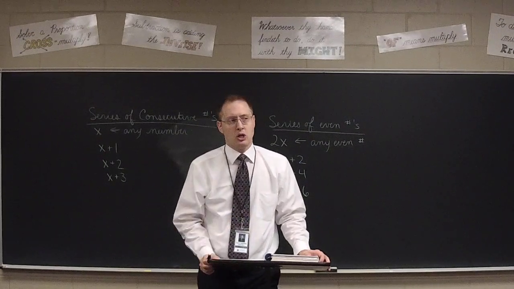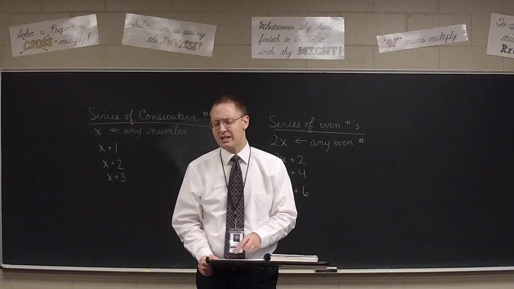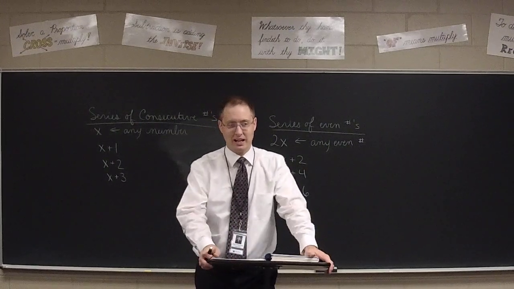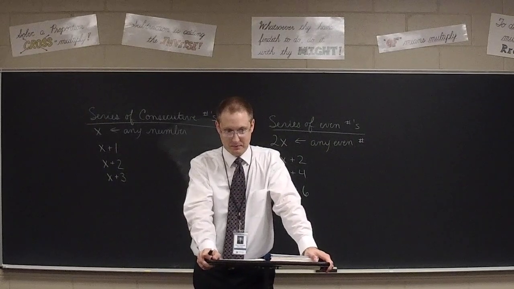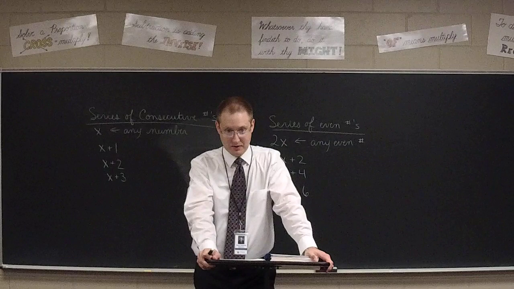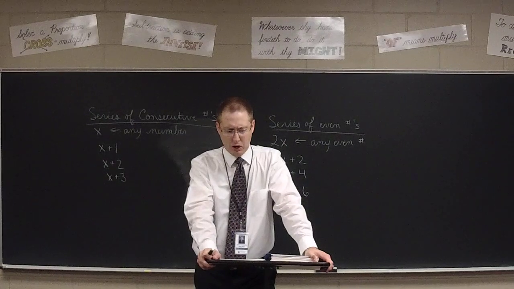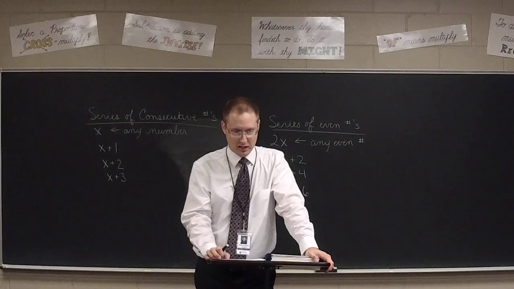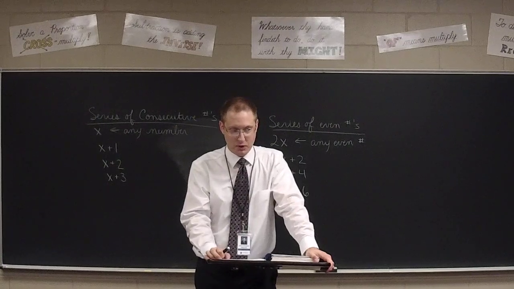Okay? So, if I wanted to guarantee myself an odd number, what might I do? Well, 1x, so let's just say x is 6. 1 times 6 is 6, but that's not odd. How do I guarantee something's going to be odd?